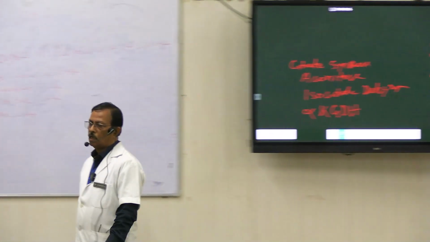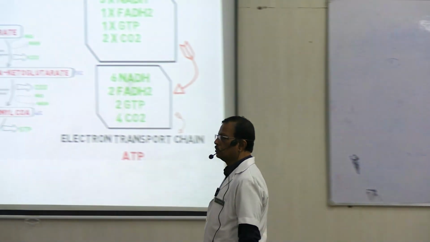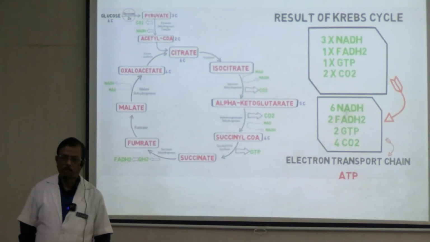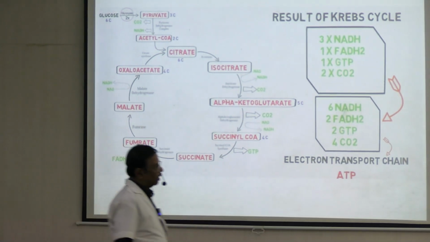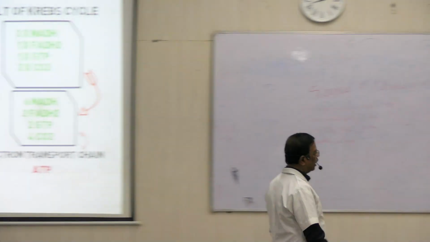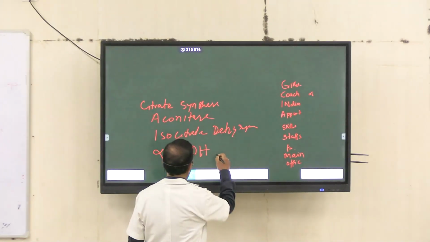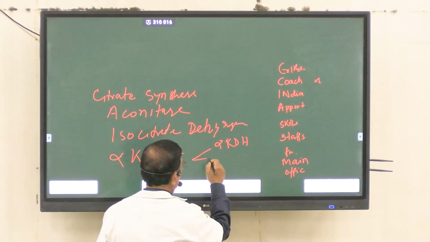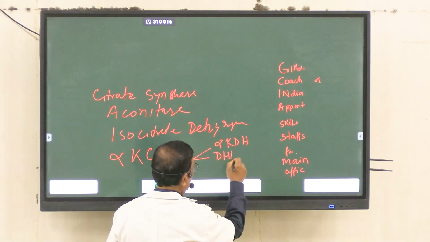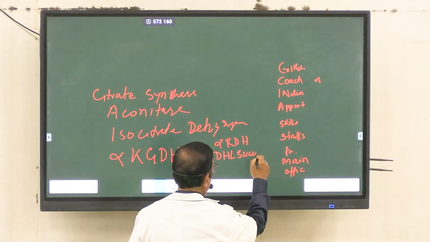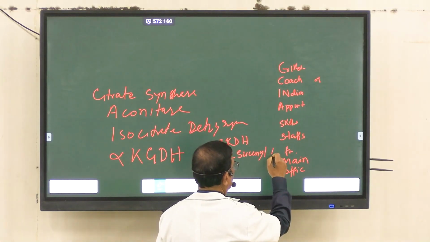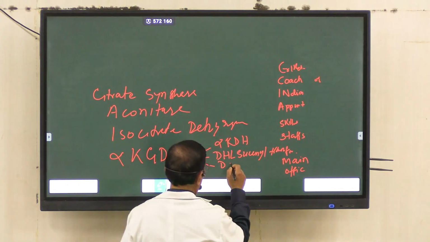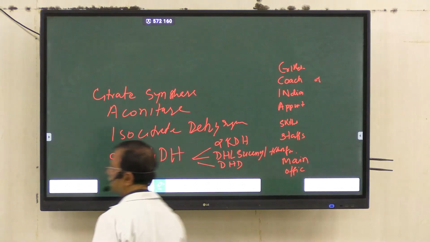In case of pyruvate dehydrogenase, we have seen there are 3 enzymes. Here also there are 3 enzymes: alpha-ketoglutarate dehydrogenase itself, dihydrolipoyl succinyl transferase, then dihydrolipoyl dehydrogenase.